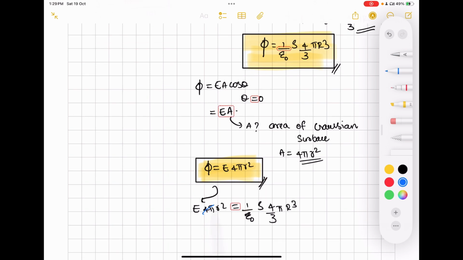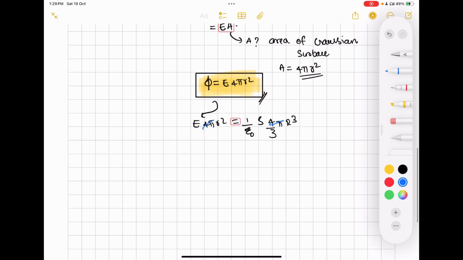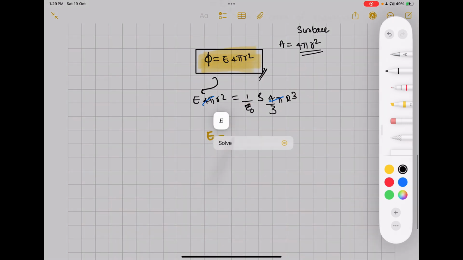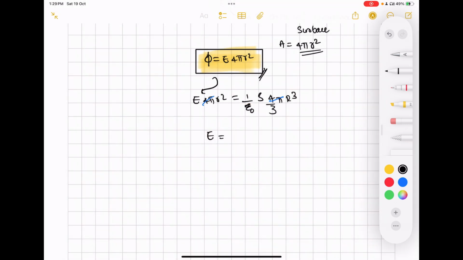We can cancel 4 pi, and we get the electric field E is equal to rho capital R cube divided by 3 epsilon 0 r square.